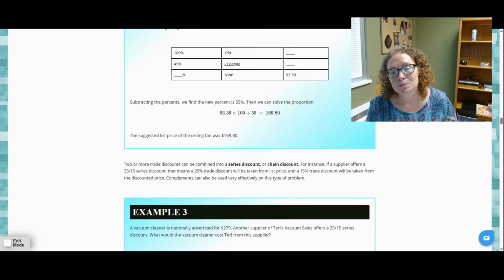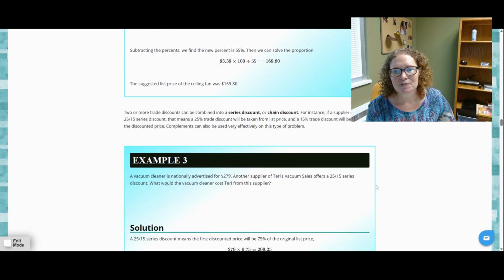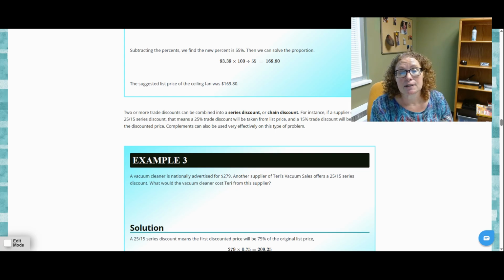Sometimes a supplier will give a series of discounts. It could be a series discount or a chain discount. For example, if the supplier offers a 25/15, that means a 25% trade discount will be taken from the list price, and then a 15% trade discount will be taken from the discounted price.